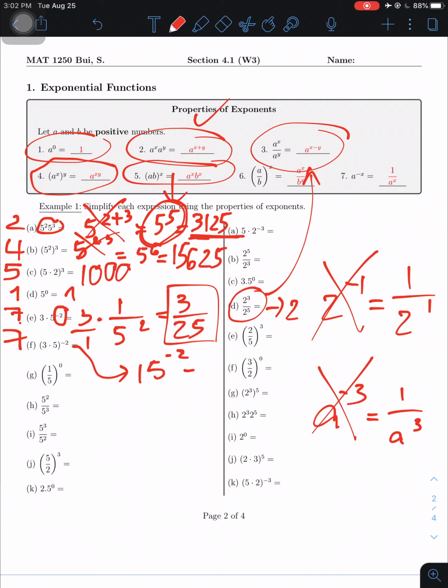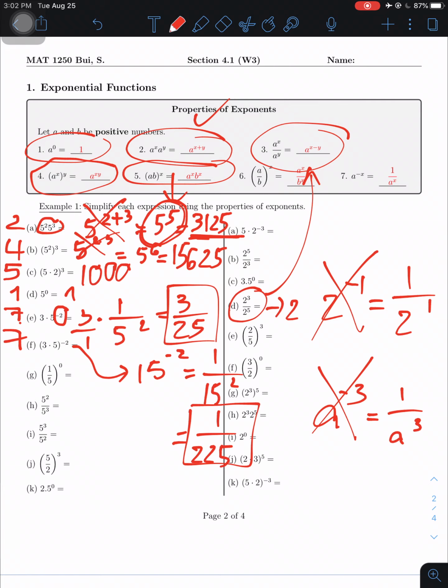From here, first of all, we flip it, so we do 1 over 15 to the negative 2. But then I tell you guys to take out a negative because it's not meant to be there. We cannot have a negative after we convert from negative power to positive power, right? So the negative has to be gone. All right, and if you input 15 squared into the calculator, it is 225. And on the top part, we also have 1, right? So this is the answer for part F.